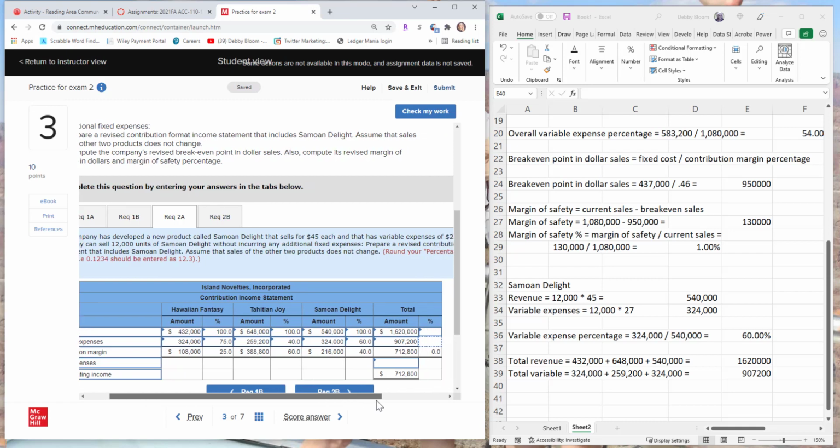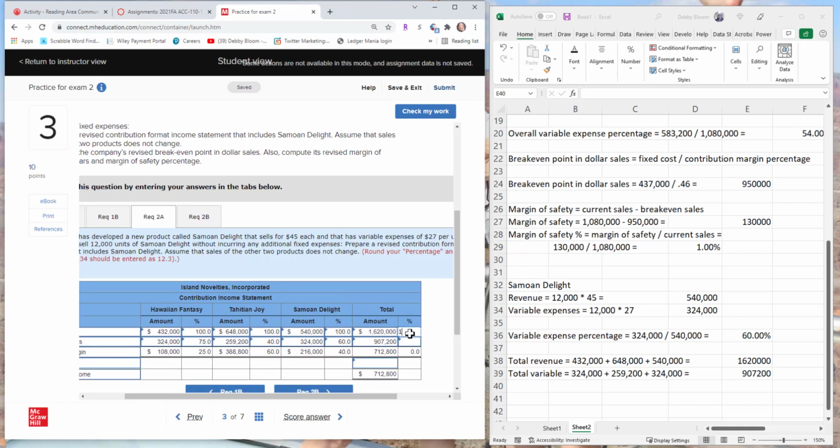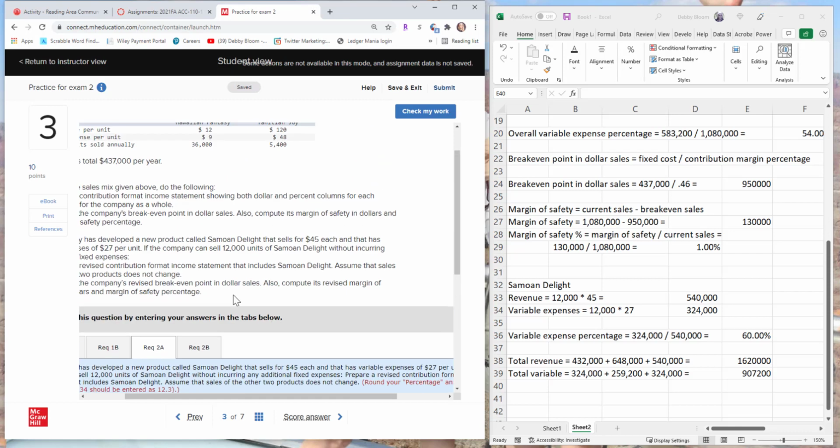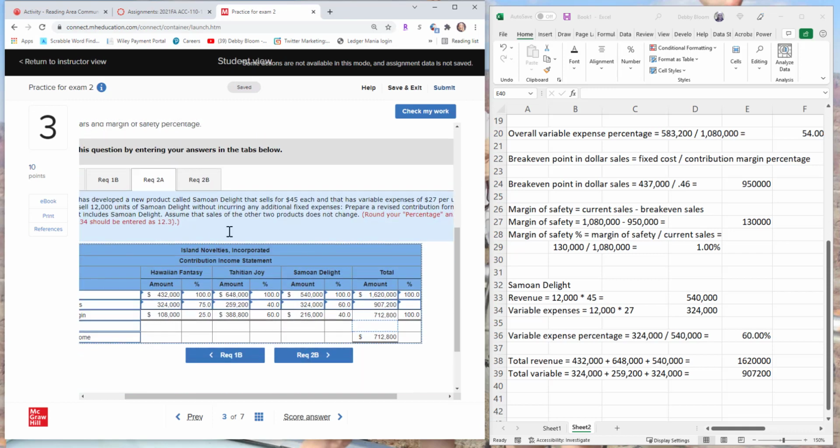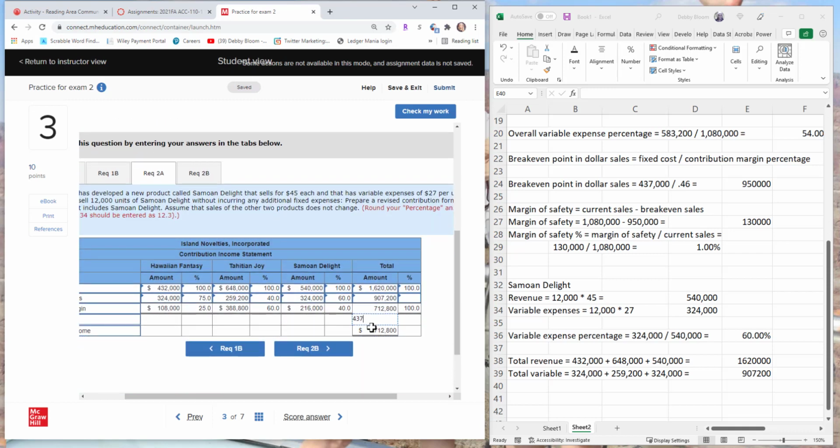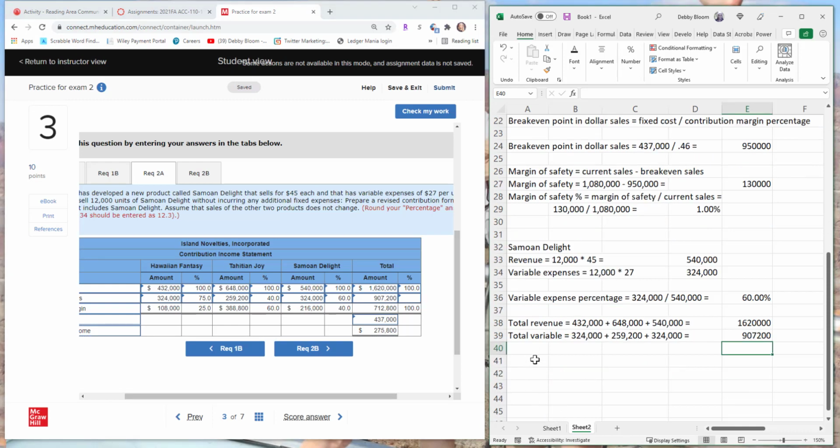Now, from the total, once again our percentage is 100, and we'll calculate that variable cost percentage, but now we're going to subtract the total company fixed costs, given as 437,000 a year, and we have operating income of 275,800. Now the last number we need to fill in is this percentage right here, and that's very, very important.